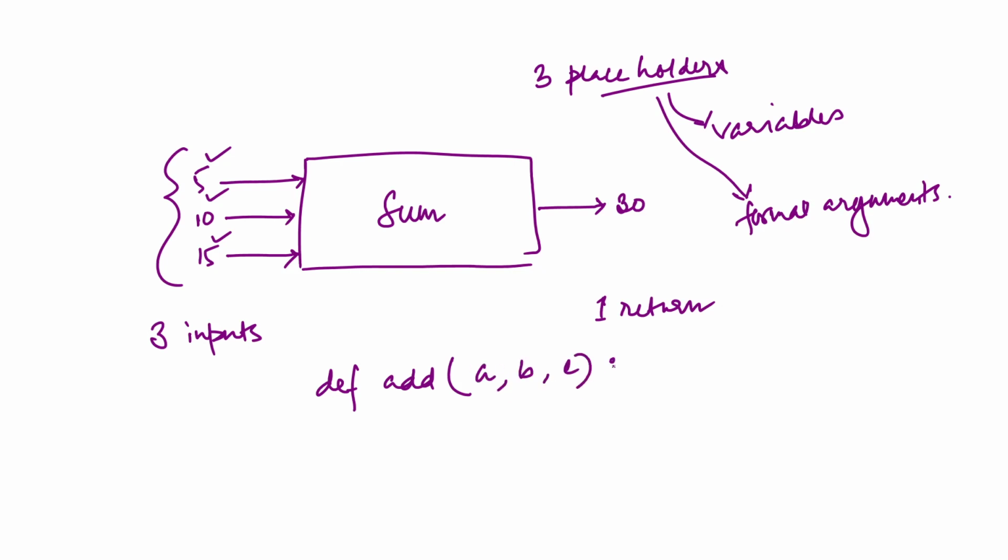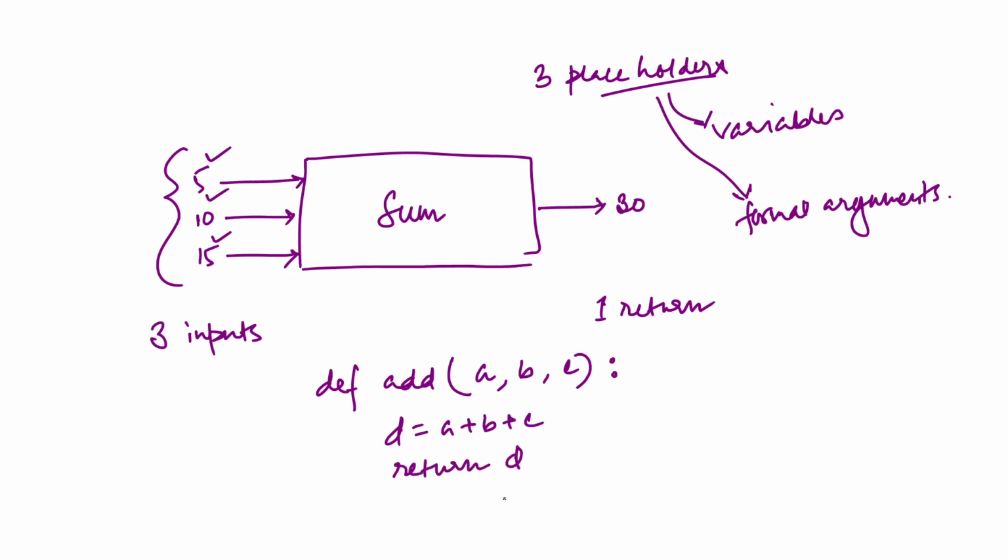And then we have this colon. What we do here is we can say d equals a plus b plus c. Add these numbers, whatever they are, store them in d, and then return d.